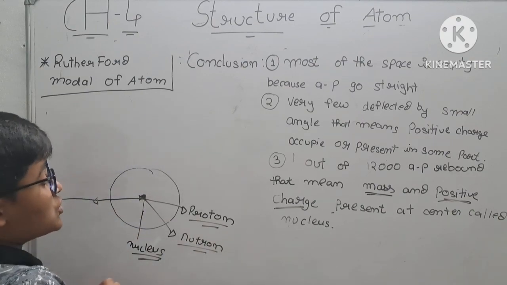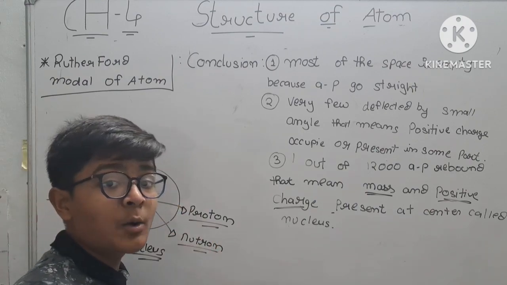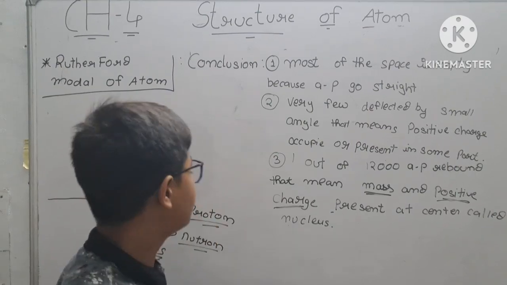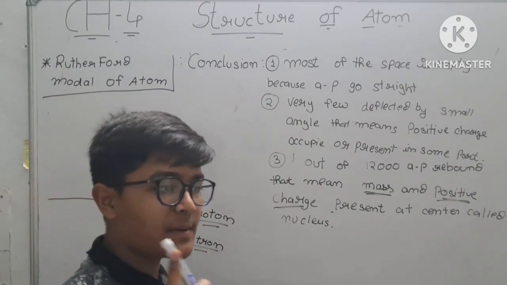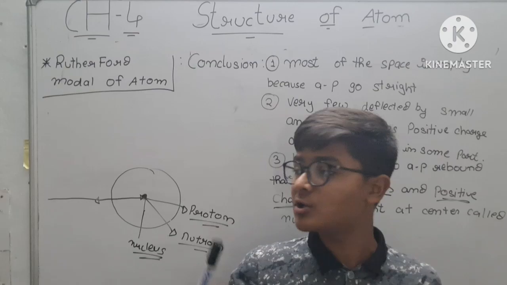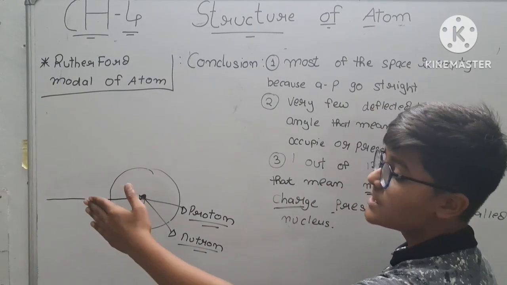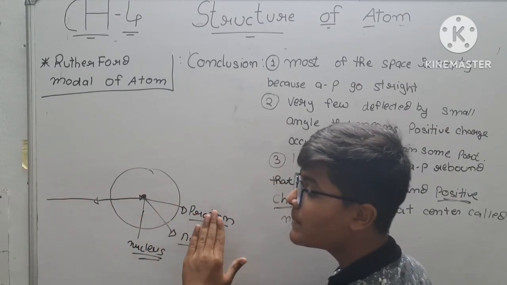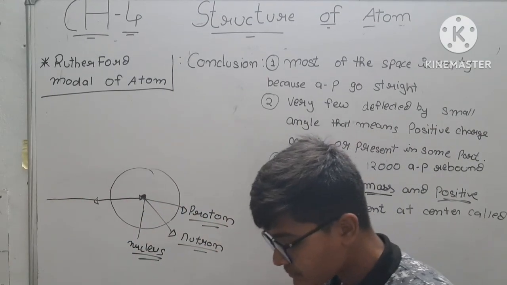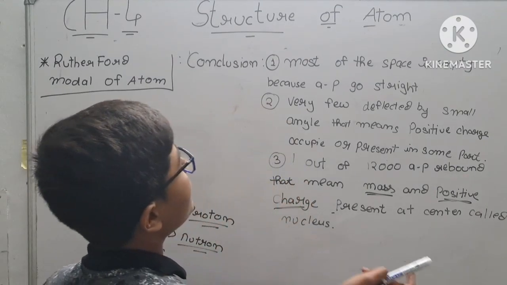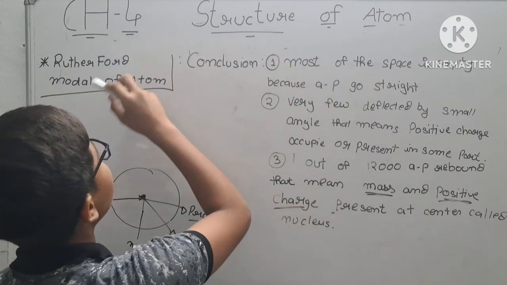So the mass of the atom depends on the nucleus because the proton and neutron are present in the nucleus, and the positively charged particle called proton is also present in the nucleus. So that's why the alpha particles completely rebound. This is the conclusion given by Rutherford.